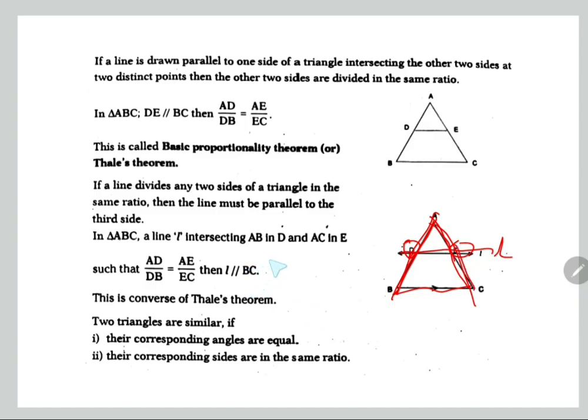Then L is parallel to BC. This line is parallel to BC. This is the converse of Thales theorem.